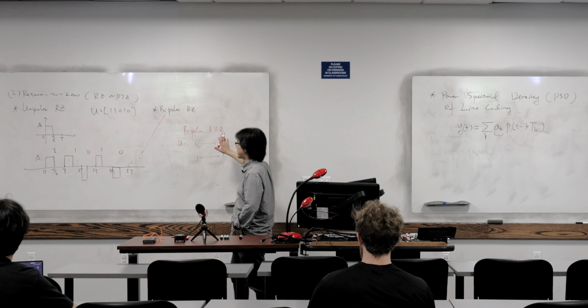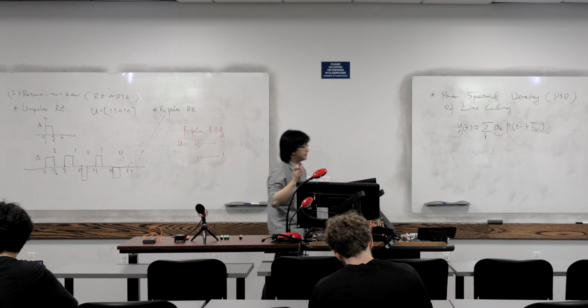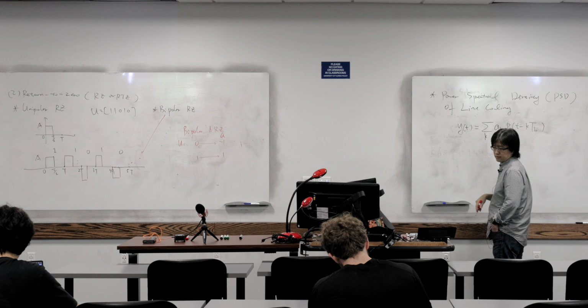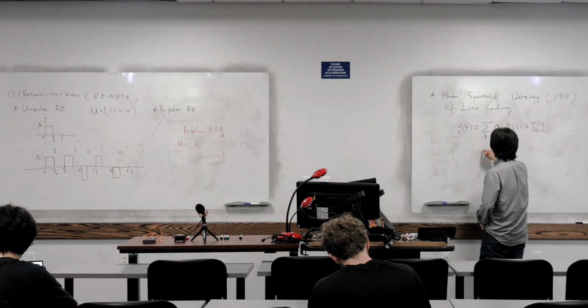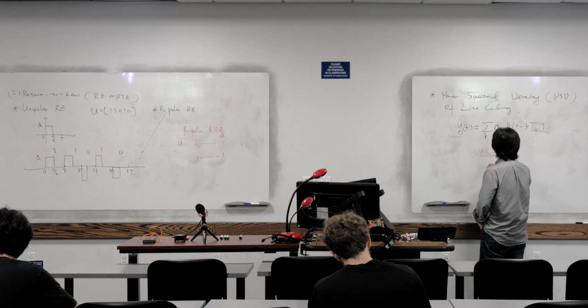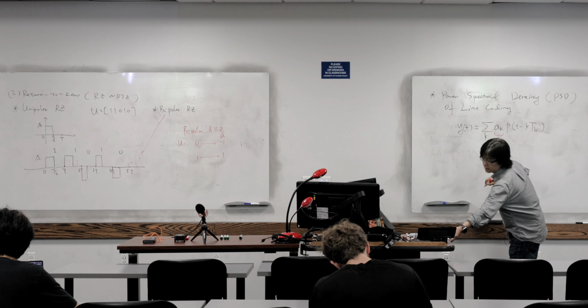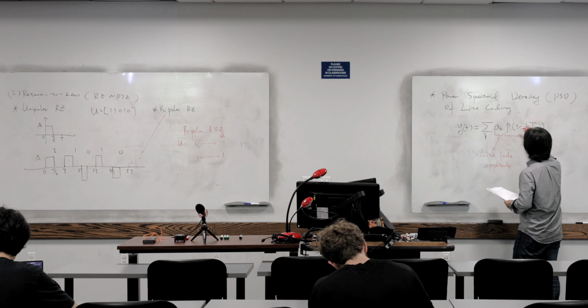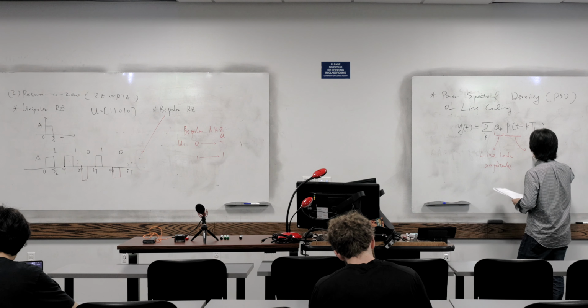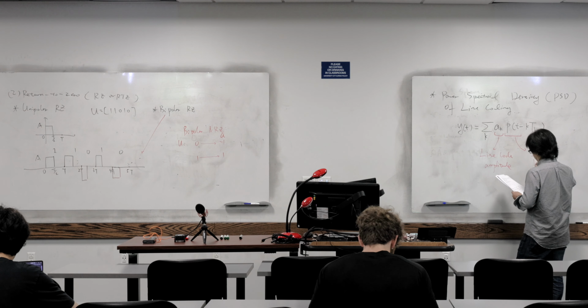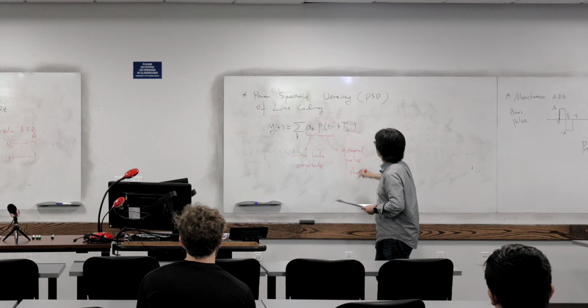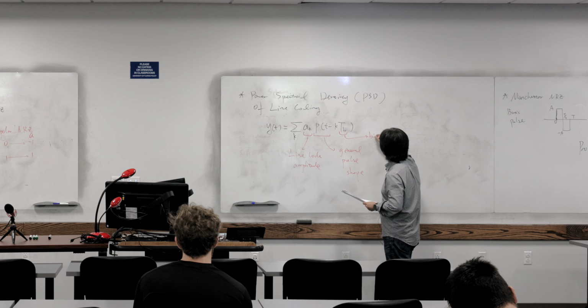This is what I mean: the value of the pulse, basically the line code amplitude. And this p(t) is the general pulse shape, and this TB is our bit duration.